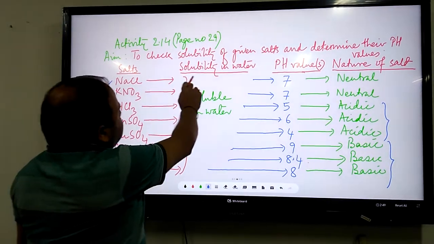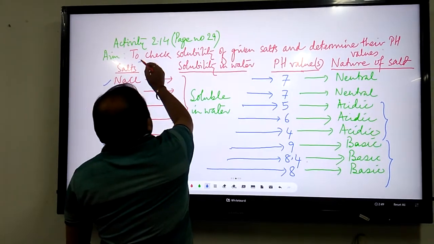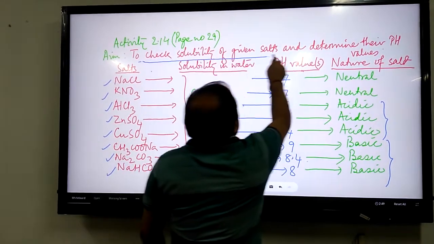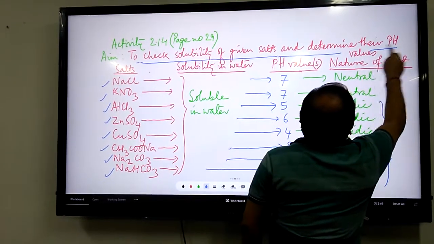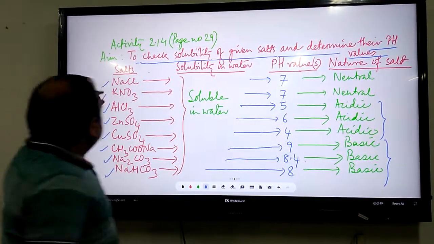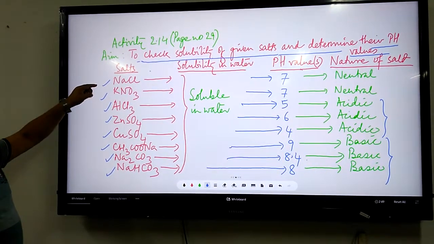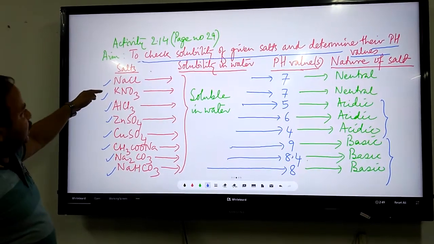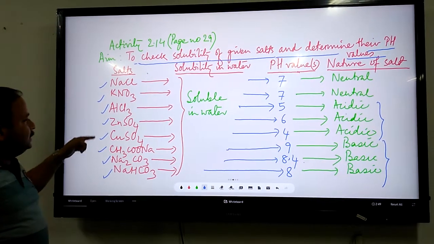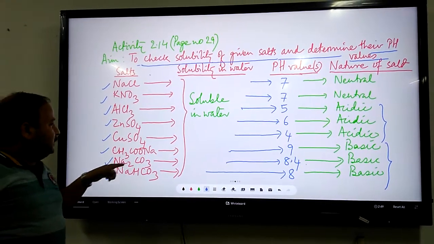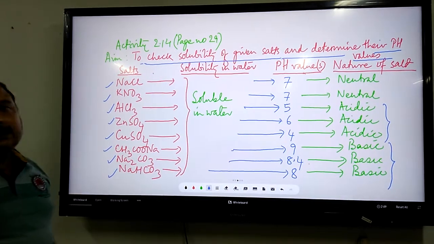The aim of this activity is to check solubility of given salts and determine their pH values. I have already written the salts, their formulas, the names are given: sodium chloride, potassium nitrate, aluminum chloride, zinc sulfate, copper sulfate, sodium acetate, sodium carbonate, sodium hydrogen carbonate.